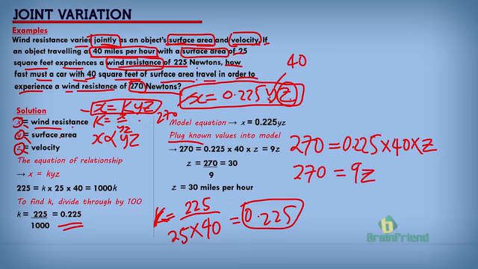To get our z, we isolate it by dividing both sides by 9. So z is equal to 270 all over 9. And that will give us 30. So z, the velocity, is 30 miles per hour.